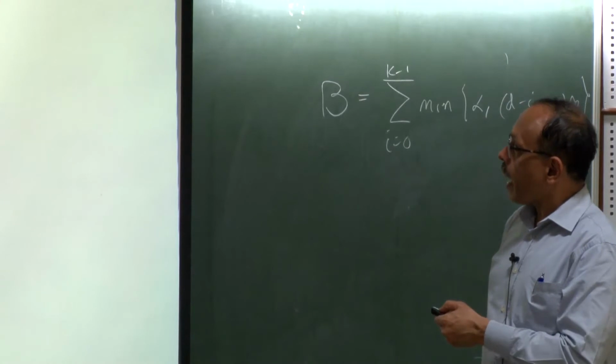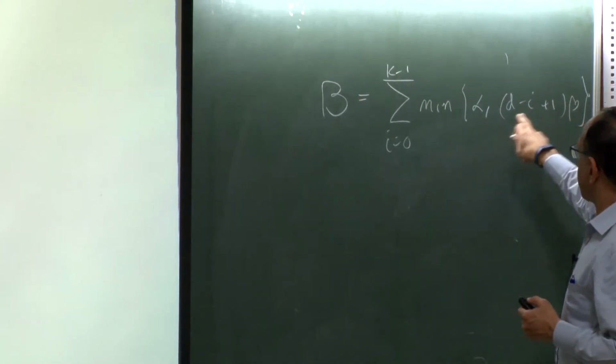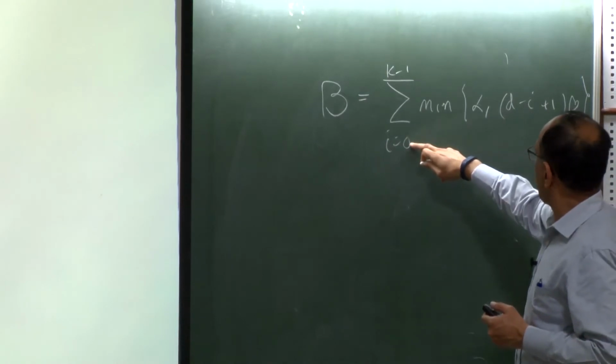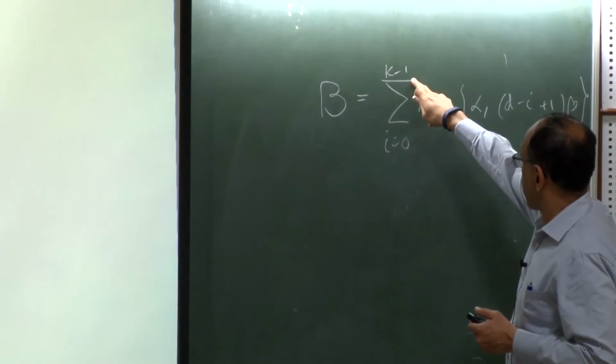So now note that when alpha is less than, what are the values that i can take? I equal to 0, then you can substitute i equal to 1 up to k minus 1.